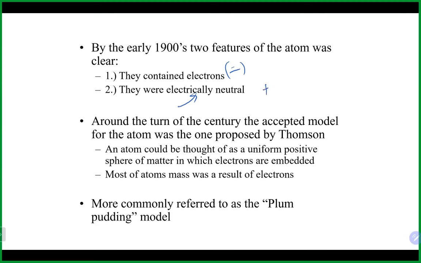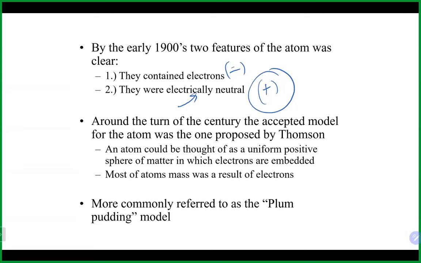So obviously what they were looking for was this idea of the positive charge of the atom, maybe where it is or how it is there in an atom. So this led to an early model of the atom that was proposed by Thomson. And this is sometimes referred to as the plum pudding model.